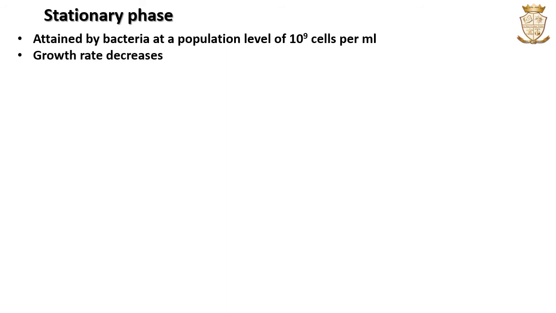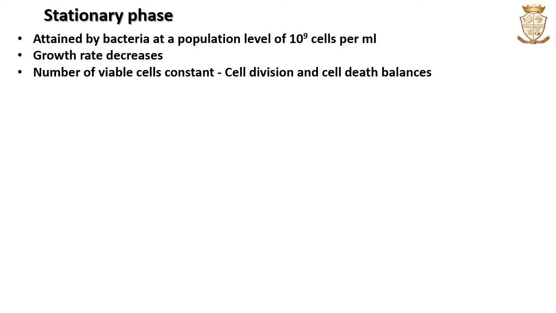This is due to the balance attained between the rate of cell division and the rate of cell death. The growth rate of the bacteria decreases and the number of bacteria stabilizes. So, during the stationary phase, the total number of viable microorganisms remains constant due to the balance between cell division and cell death.